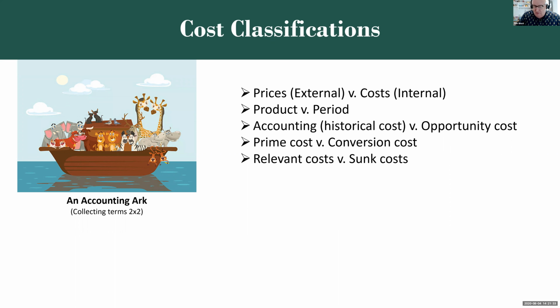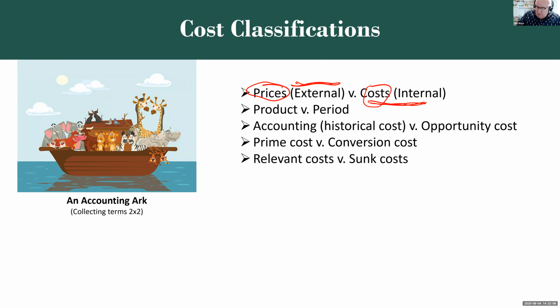When I think about prices, I think about something external to my organization: the price somebody's going to charge me for the material I use in making something, or the coffee that Starbucks buys, or the price I'm going to charge a customer. Both of those things are outside what's happening right in my cafe. Internally, the costs are what I'm paying my barista, what I'm paying the people that work there. So cost versus price, we need to be a little particular with that.